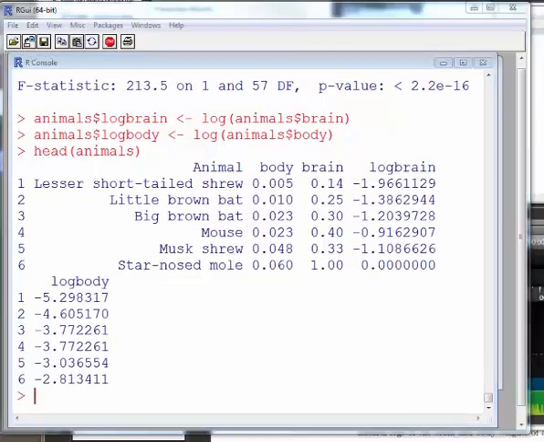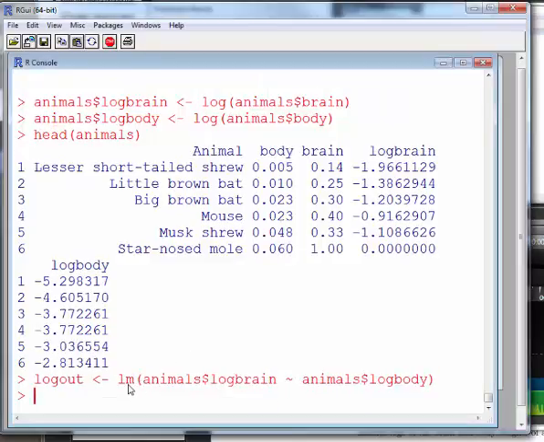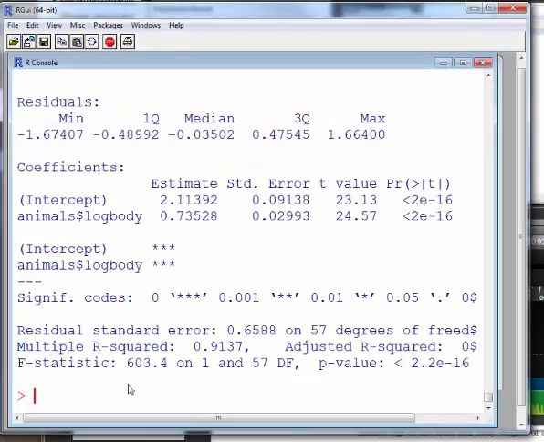Now let's just see what happens if I do a linear model on the log of the brain masses versus the log of the body masses, and then do summary of that. My r-squared value has increased quite a bit.